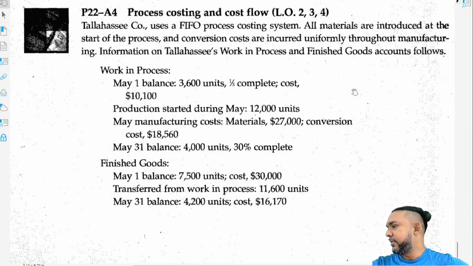Tallahassee. Oh, I was looking for the other PDF. Let me see where's Venice. Process costing, for example, from text, spoilage questions, exercises.